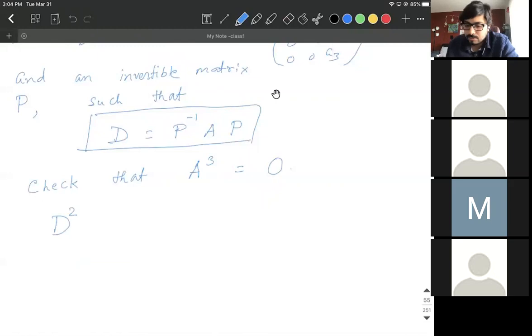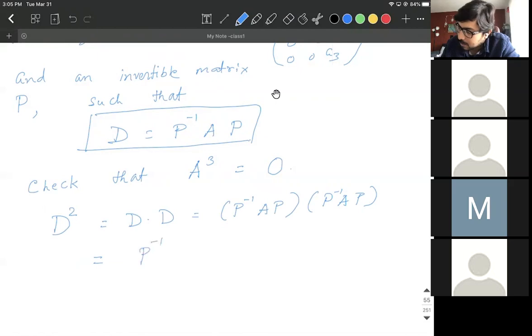First, what is D square? D square is D times D. So this is P inverse AP times P inverse AP. Now, matrix multiplication being associative, you can rearrange the brackets. So this is P inverse A, P inverse AP.